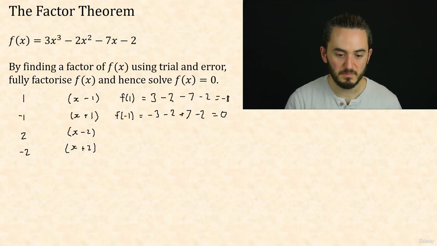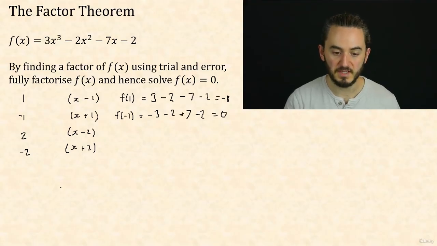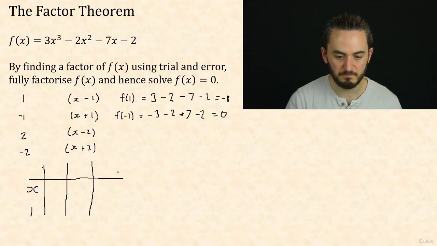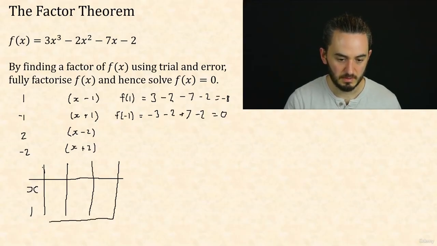So let's divide by x plus 1. We know that x plus 1 is a factor, so I can divide by it. We'll set up our grid, x plus 1, and the quotient, to use the fancy term, must be a quadratic, because quadratic times linear is cubic. So here's my grid.